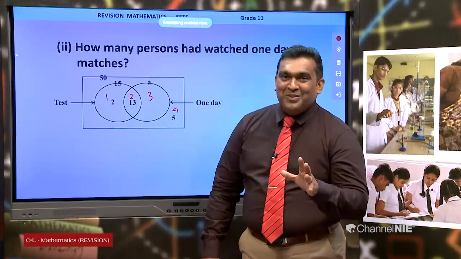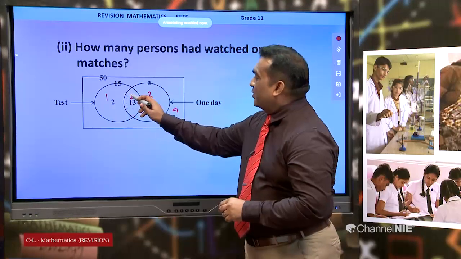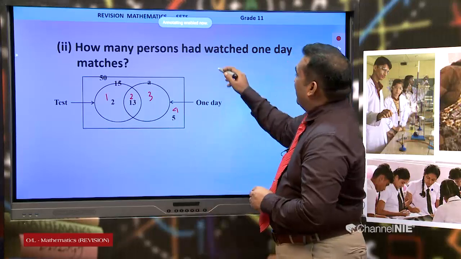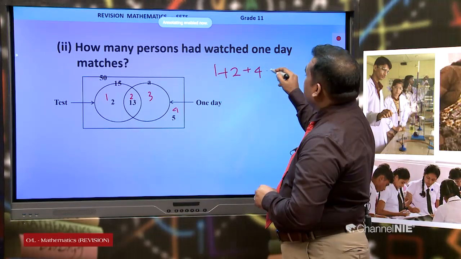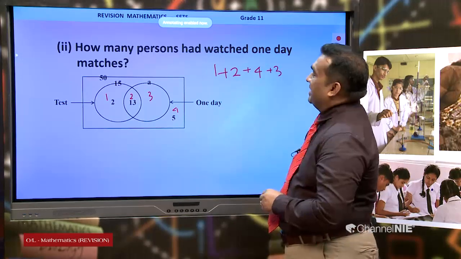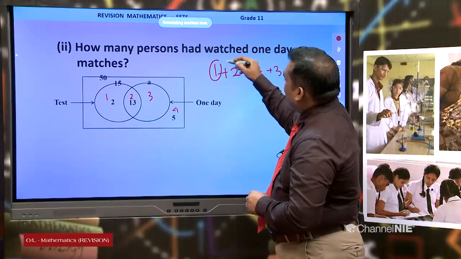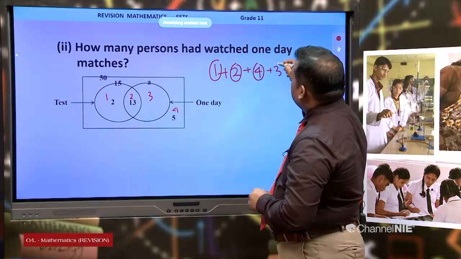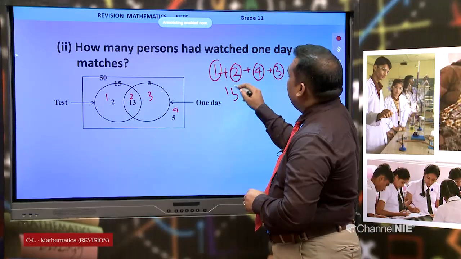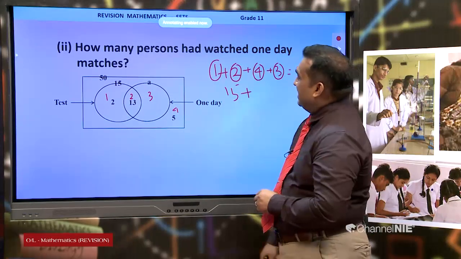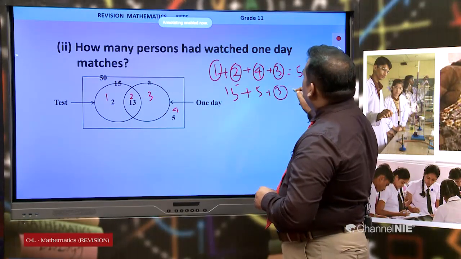Now you know sum of elements of how many regions? 1 plus 2 plus 4 plus 3 is 50. These are regions, not integers, right? Regions. 1 plus 2 is 15, plus 4 is 5. This one is 50.